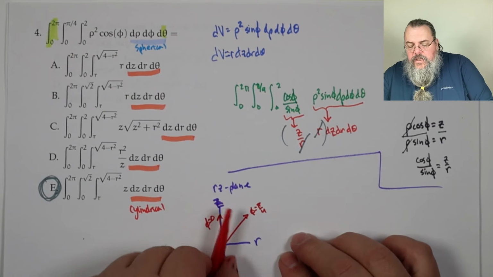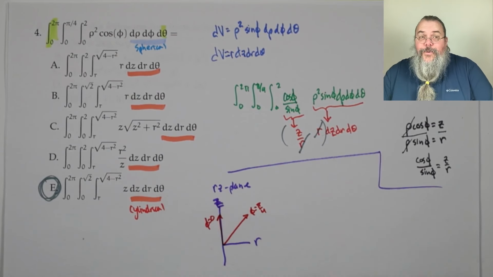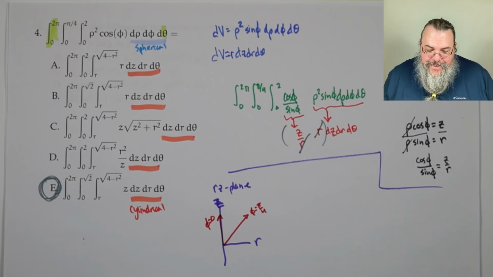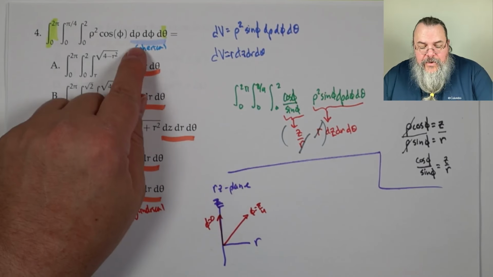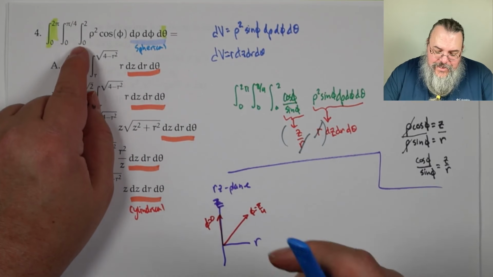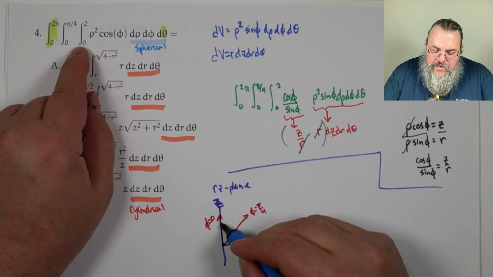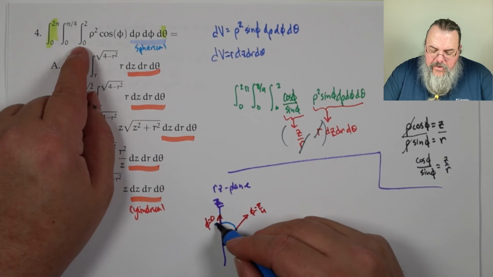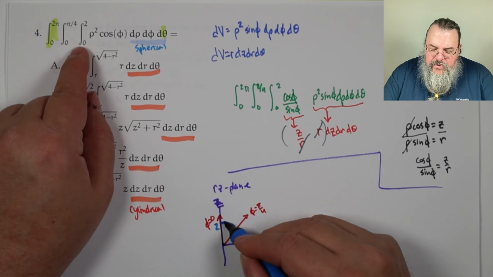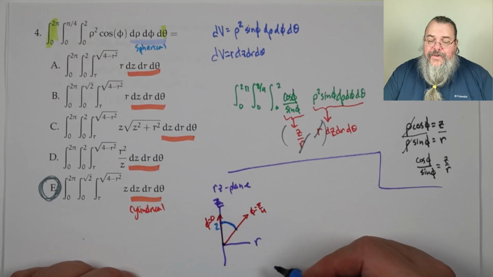Now, once we have that, between 0 and pi over 4, so between these two angles, what is rho doing? Well, we see that rho goes from 0 to 2. So 0 is the origin, and 2 is distance 2 away. So rho equals 2 is actually part of a sphere.